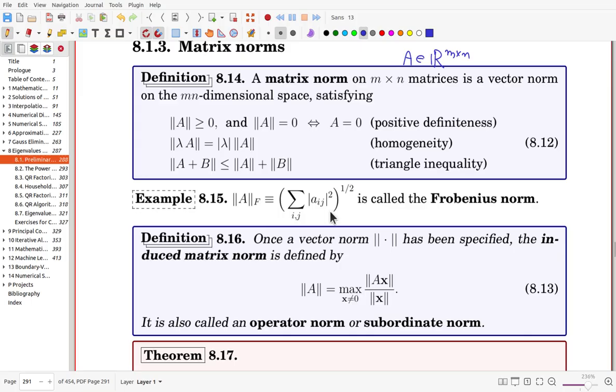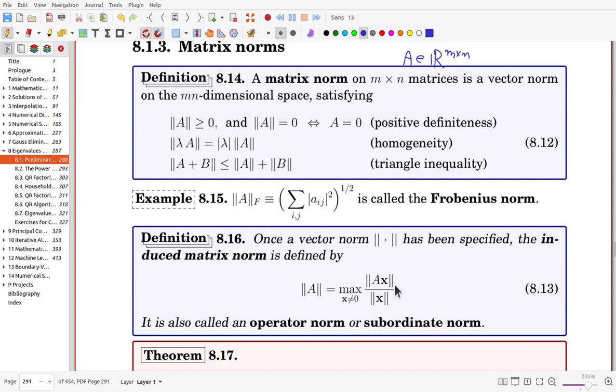So it is a direct expansion of the L2 vector norm, which is called the Frobenius norm. Now, another family of matrix norms is called the operator norm, or induced matrix norm, or subordinate norm. That is defined in this way.